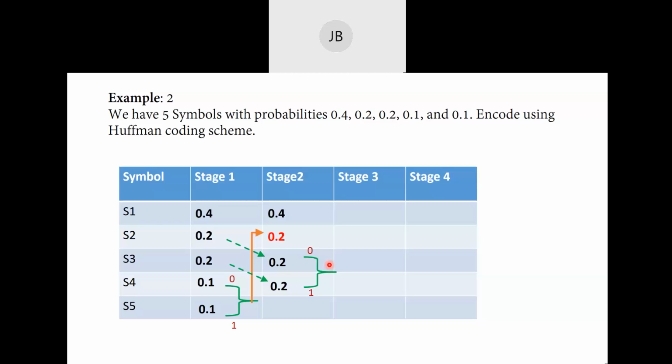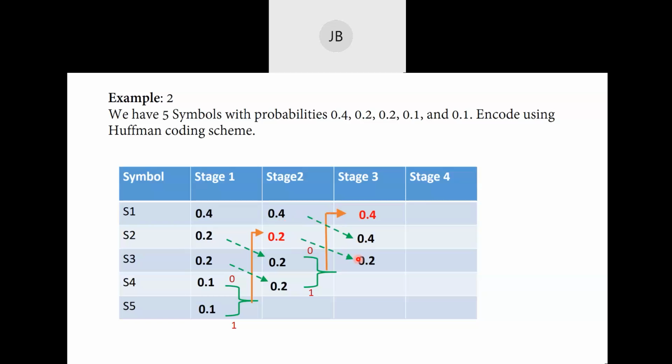We need to sort it along with the previous list, that is 0.4 and 0.2. Anyway, this should go to the top of the list like this, and the other elements will follow here.